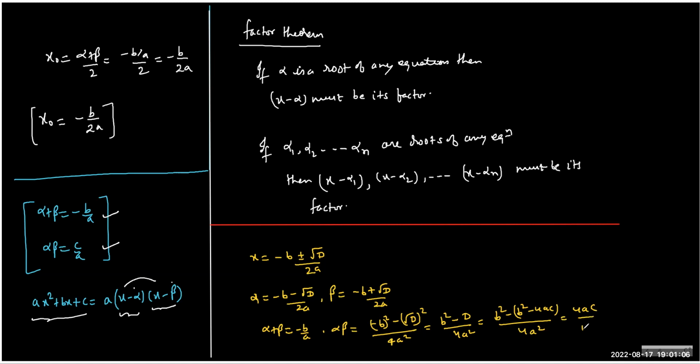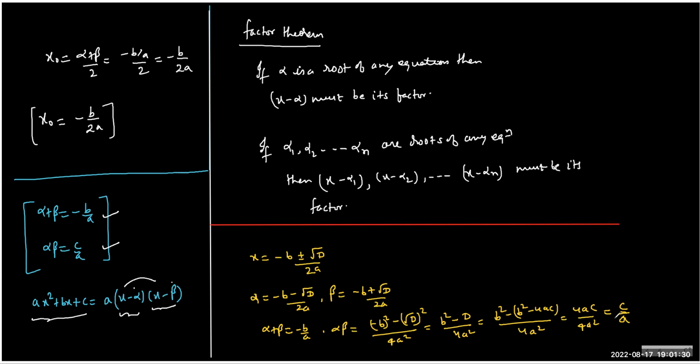So 4ac by 4a square. What is the answer? c by a. You can also obtain it like this. There are many ways of doing this, but the factor theorem is a very powerful theorem. If you study maths, you will come across it anyway. No need to worry.